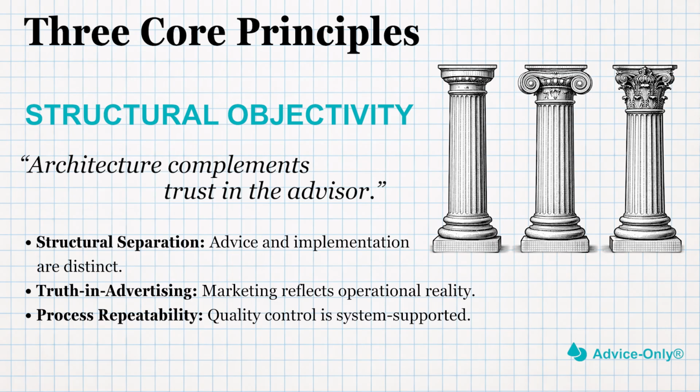This is what removes the two masters problem. A common question at this point is whether an advisor who delivers an advice-only plan may later assist with implementation. This distinction matters because the methodology does not prohibit implementation. It prohibits influence during plan creation.